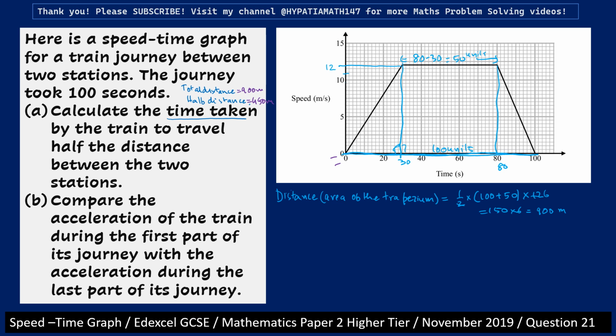So we need to find how much time it would take to travel 450 meters.